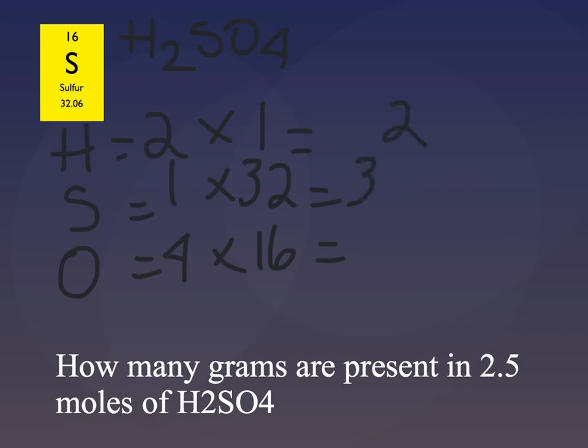Let's do the multiplying. Then let's do the addition. 64 add 32 and 2. It is 98 grams in every mole of sulfuric acid.